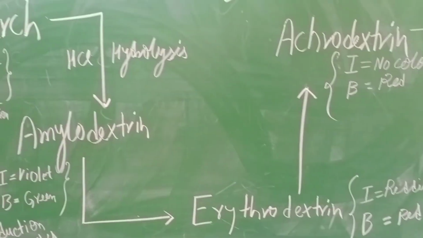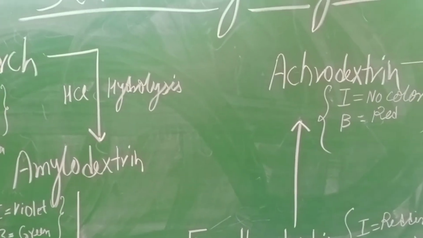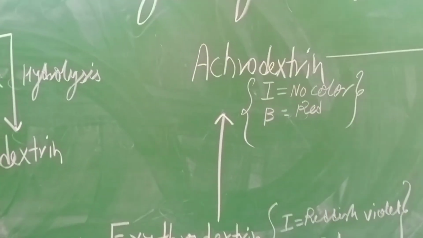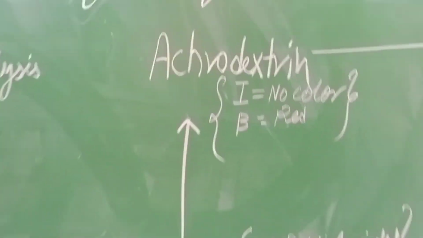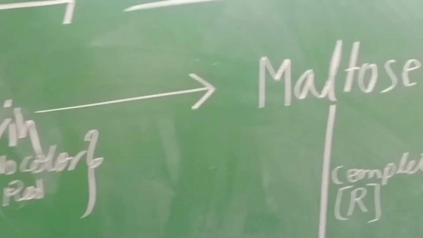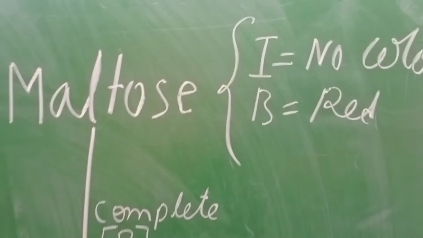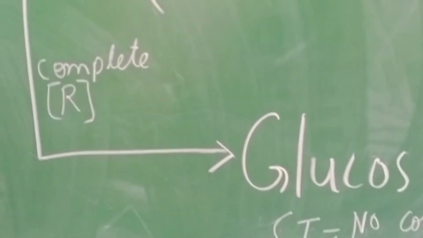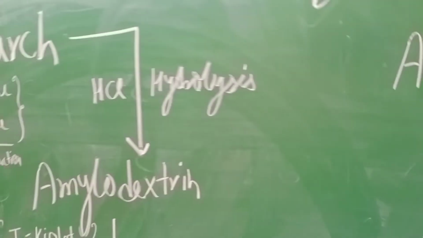I will discuss each and every one and the outcome of the colorimetric identification or assessment of all these products one by one, and get you familiar with the overall reaction and its assessment.